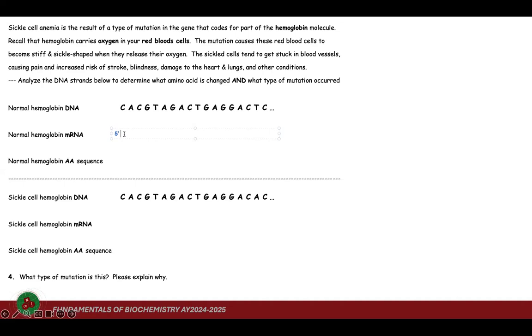So we have G, U, G, and then C, A, U, C, U, G, A, C, U, C, C, U, G, A, G, and so on. So this is just a segment of the mRNA transcript.